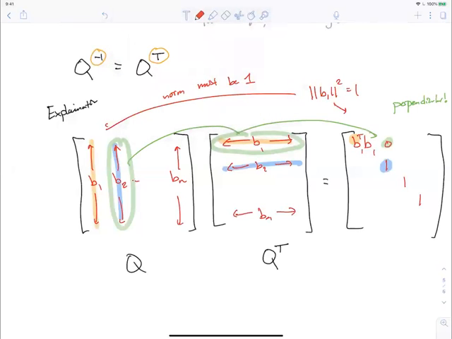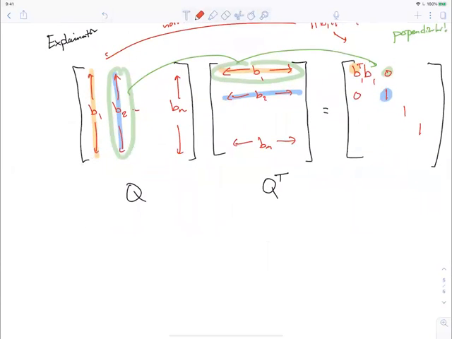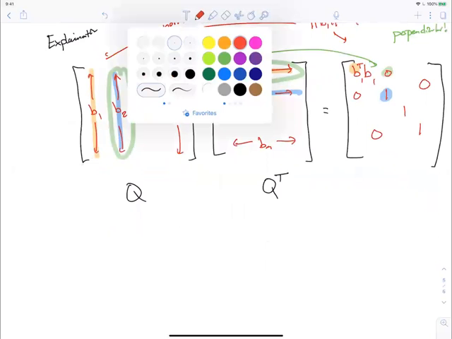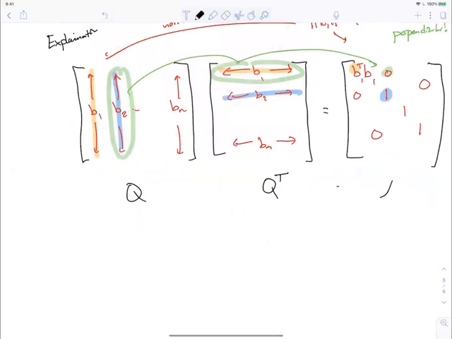And so this applies for any two different ones. So altogether, you're going to get 0 all off the diagonal for the same reason. And this, sure enough, is the identity. So that's an important fact for orthogonal matrices.